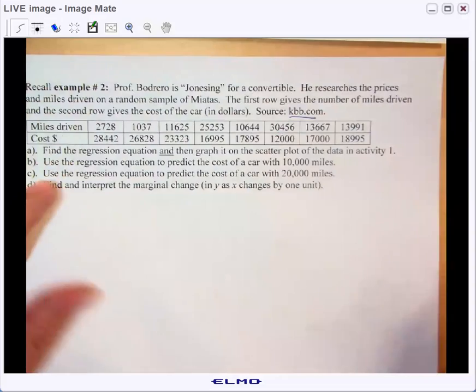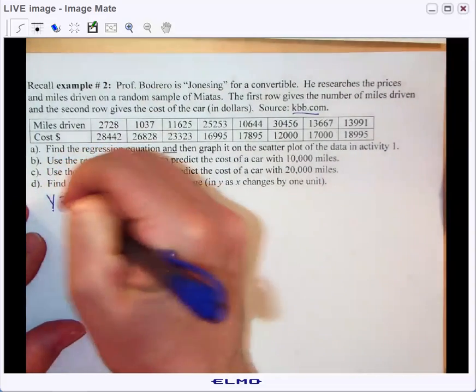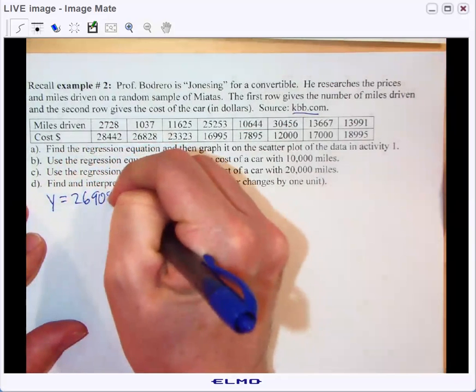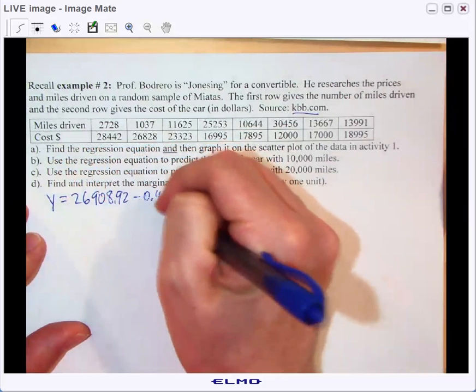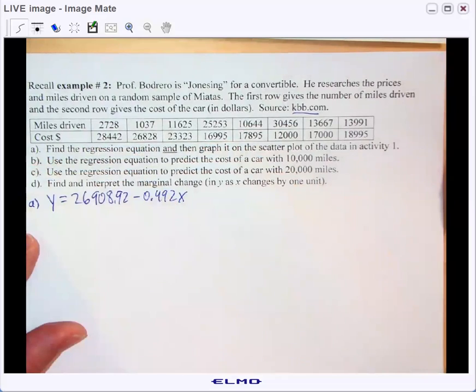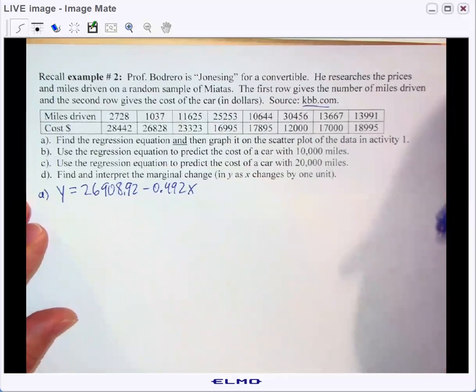Okay, so we found the regression equation, and I'll rewrite it here on this page. So y equals 26908.92 minus 0.492 times x. Okay, and we graphed it on our plot from activity 1.